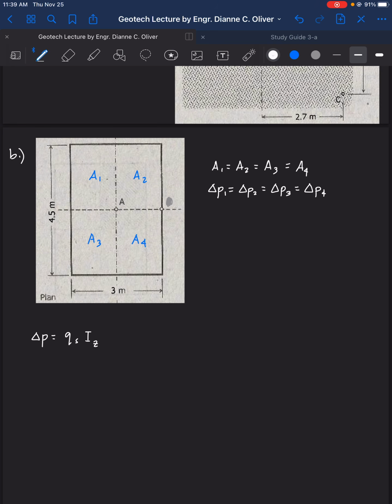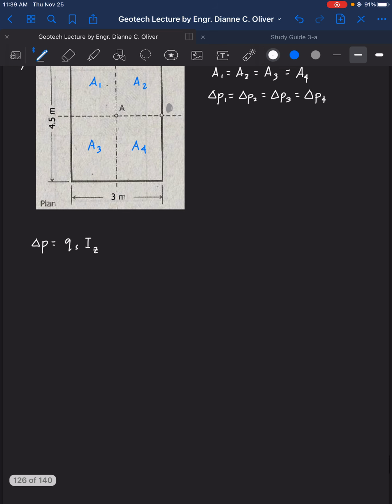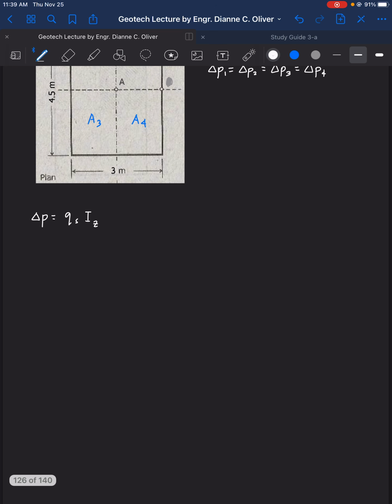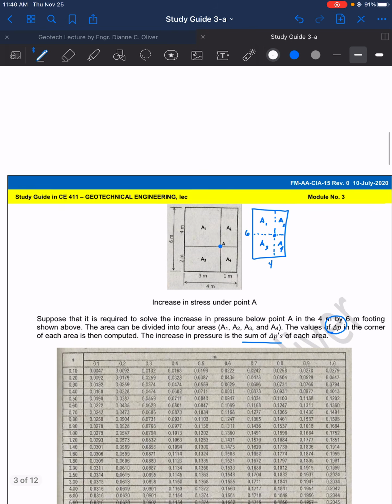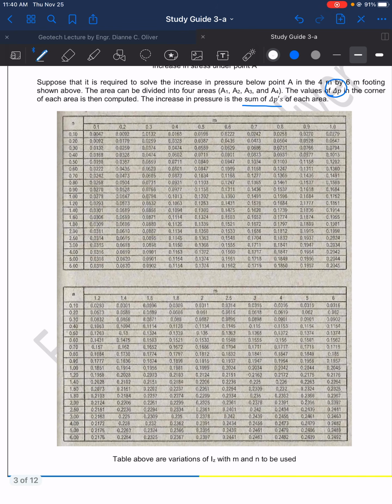So we'll just basically multiply the answer by 4. So we have q_s. What we need is I sub z. If we are looking for I sub z, we are going to use this table here.